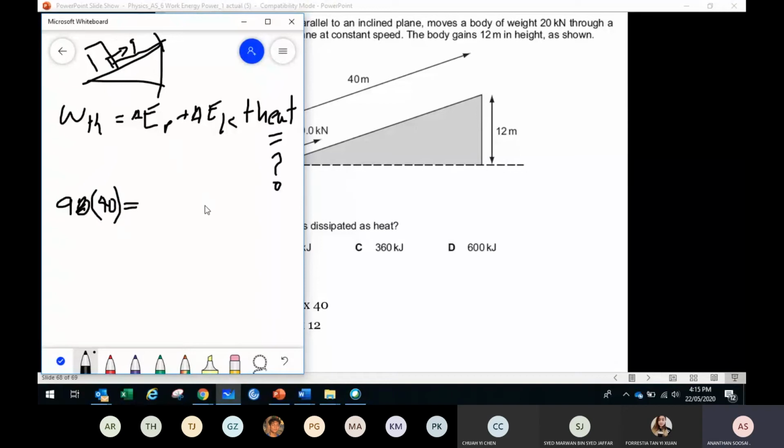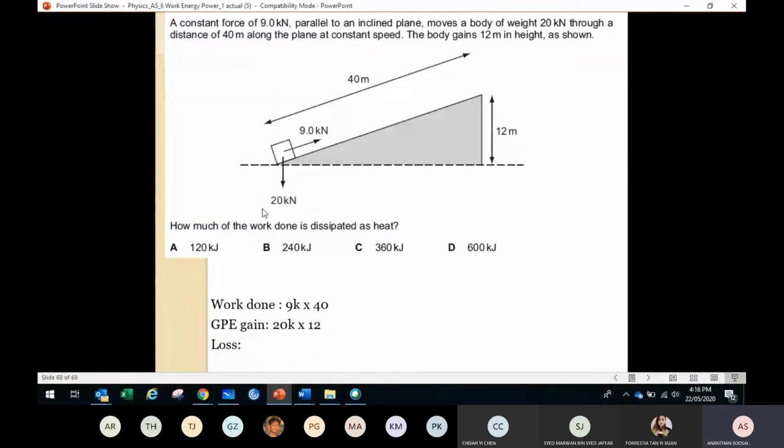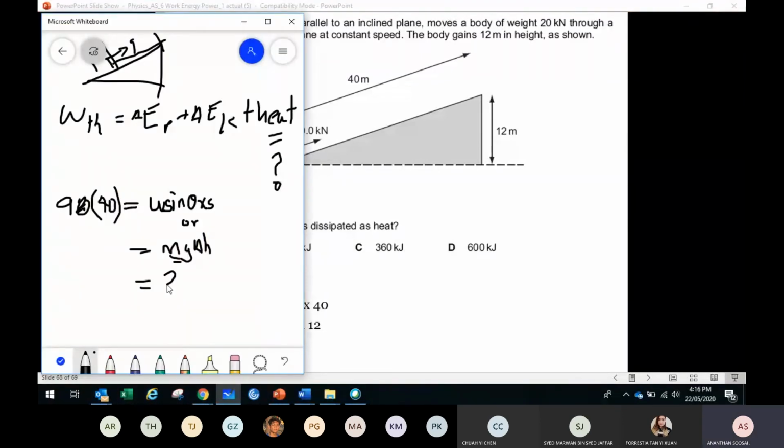Again, GPE we can put as W sine theta times S, or we can put as mgh, the gain in height. So in this case, mg is 20. Okay, so therefore it's 20 times h. Which height?